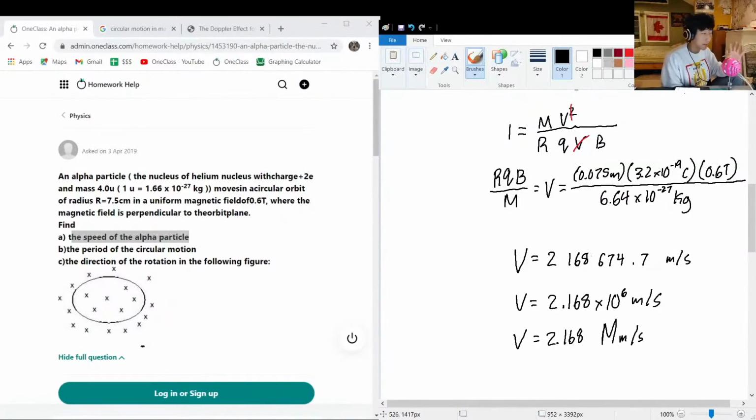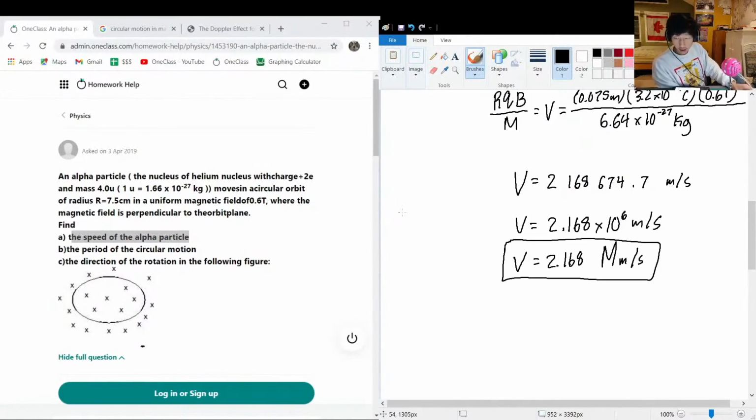Even the most minor force on something that's like 10 to the negative 27 kilograms is going to be extremely fast. So that does feel like a reasonable answer. This would be the velocity of the particle as it travels throughout the loop.